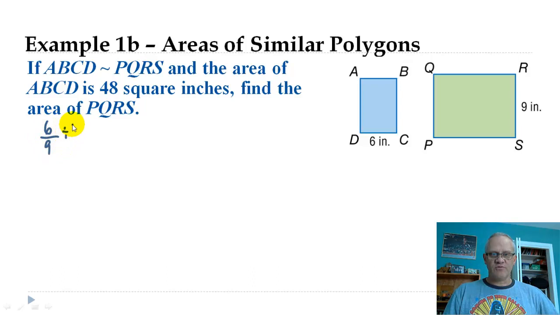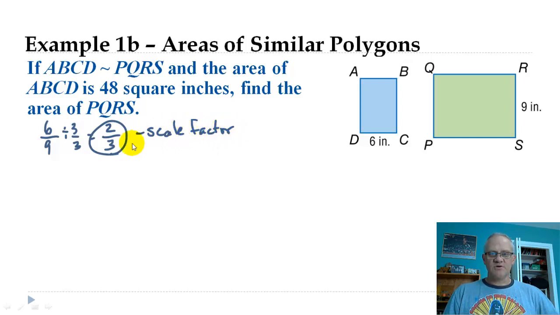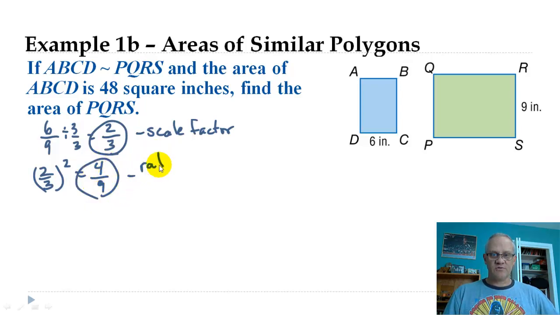We could divide by 3, so this would be 2 to 3. So this is the scale factor. And again, to find the ratio of the areas, we just take the scale factor and square it. So this would be 4 to 9. So this is the ratio of the areas.